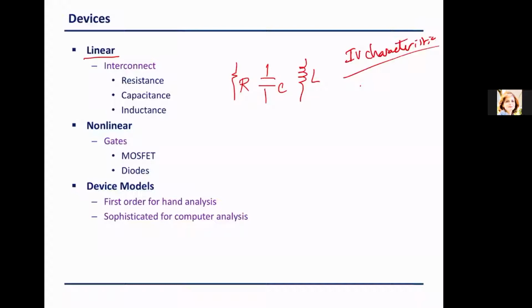However, we have nonlinear devices like the transistor or the diode, and for these we want to abstract them somehow, so that we can build models for first order hand analysis, like the linear model or quadratic model that we studied in 311 or 310, and we can also have some sophisticated models for computer analysis, which are typically used by the simulator. So right now I'm just giving you basic background on what options we have to build these models.